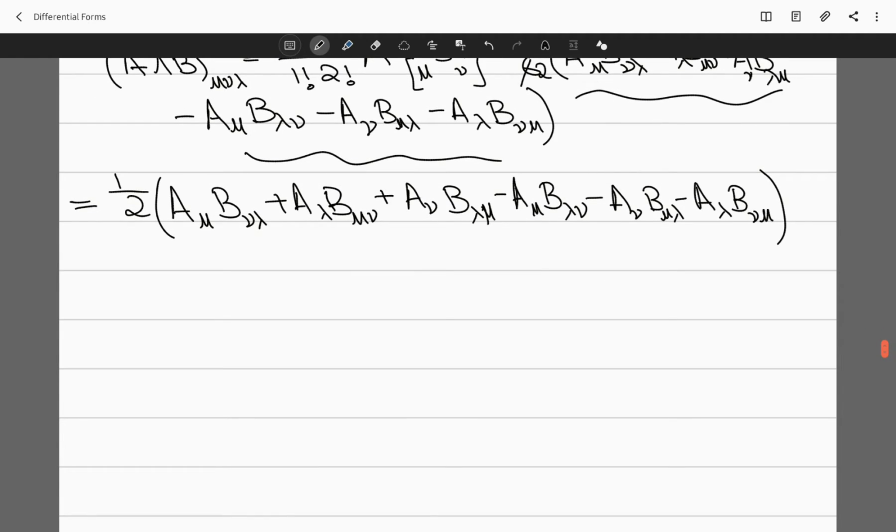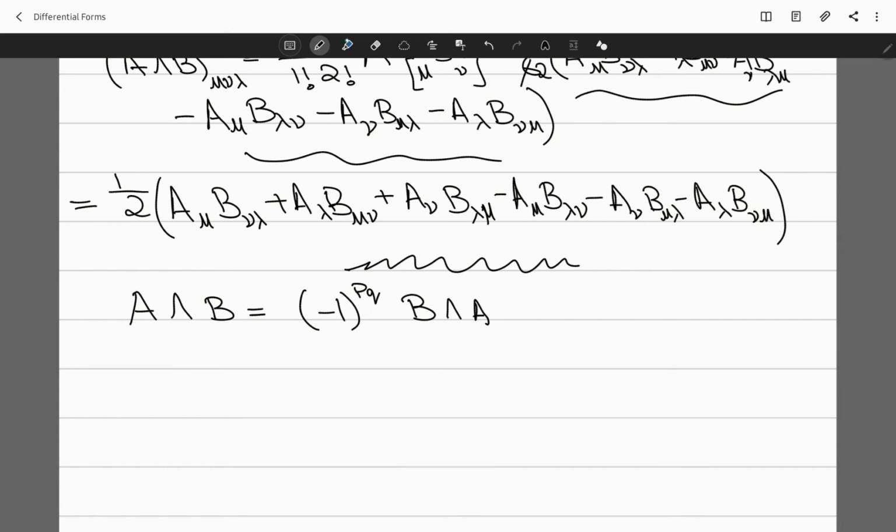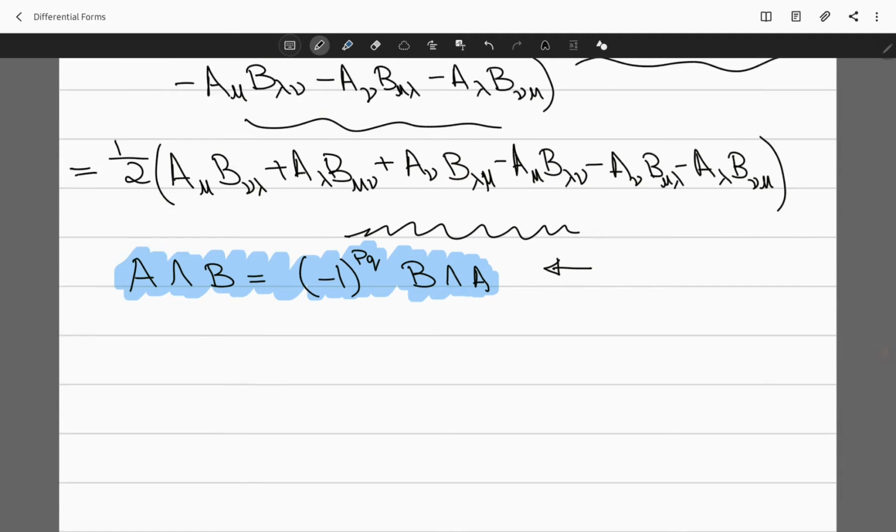Another property over here is that if you were to take A wedge B, that is simply equal to minus 1 raised to power P times Q B wedge A, right? So this relationship is important, and it is not really obvious. But let's look at this relation and consider an example.